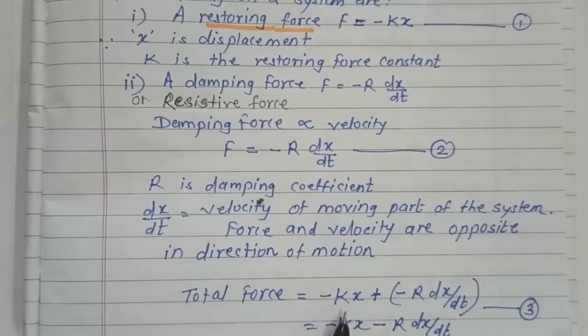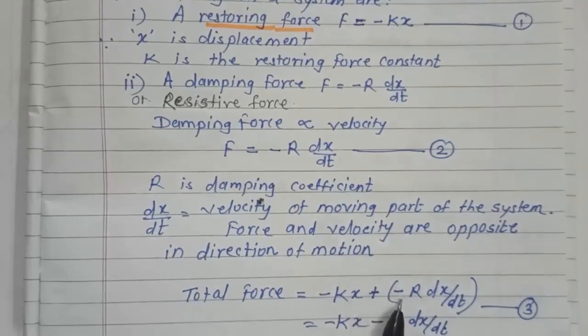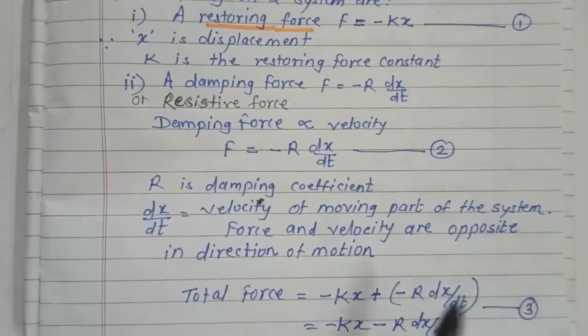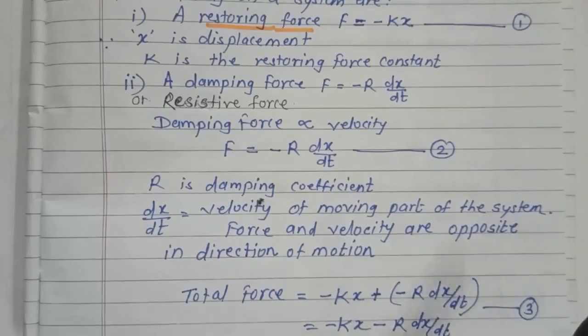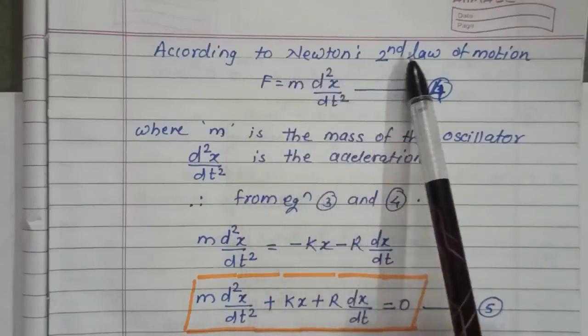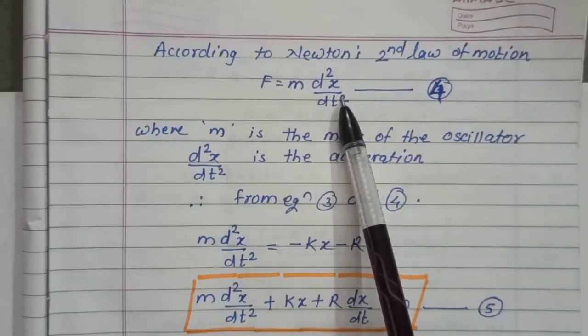Total force is equal to minus kx plus minus R dx by dt, equation number 3. That is, total force F is equal to minus kx minus R dx by dt. According to Newton's second law of motion, force is equal to mass into acceleration.